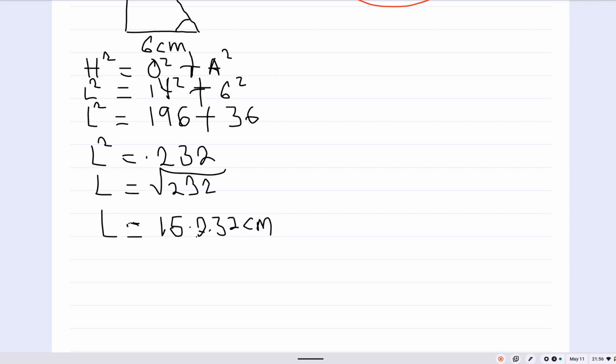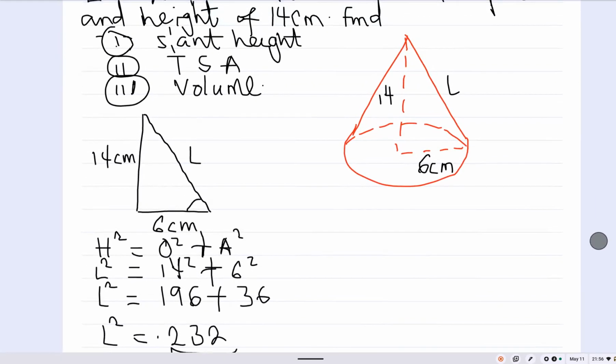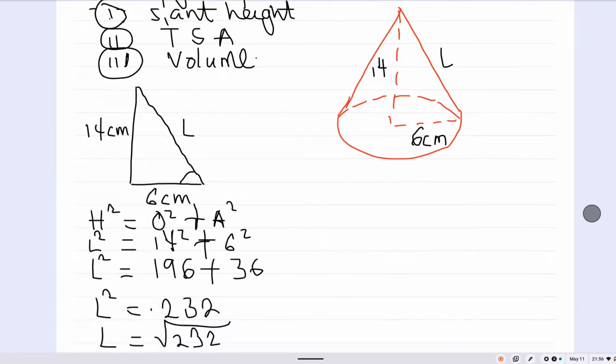If you approximate to 2 decimal places, that will give us 15.23 centimeter. So that is our slant height that we are told to find.